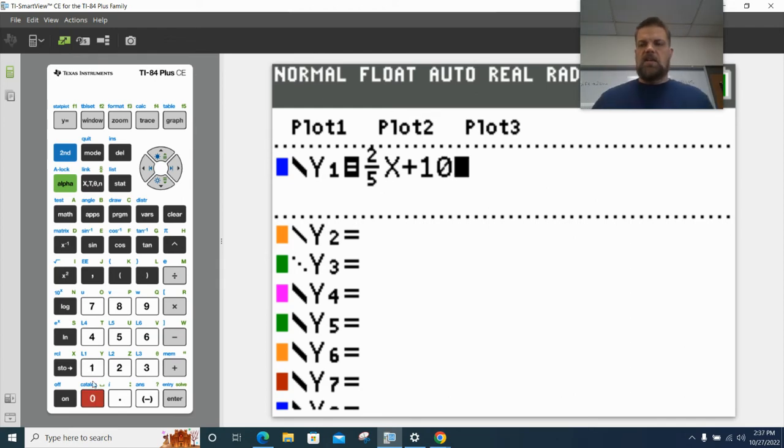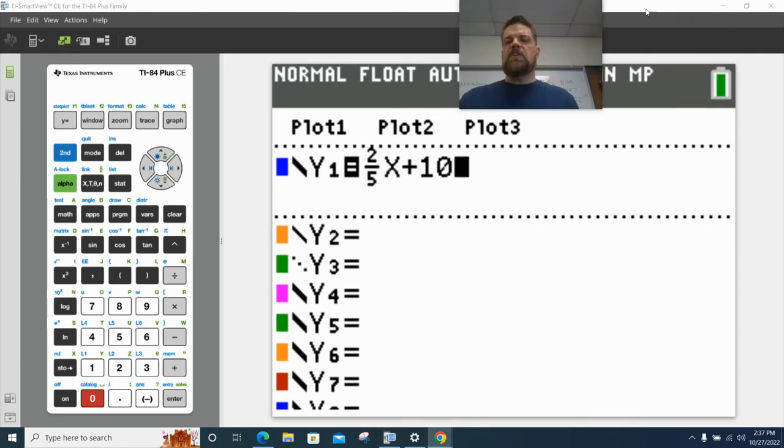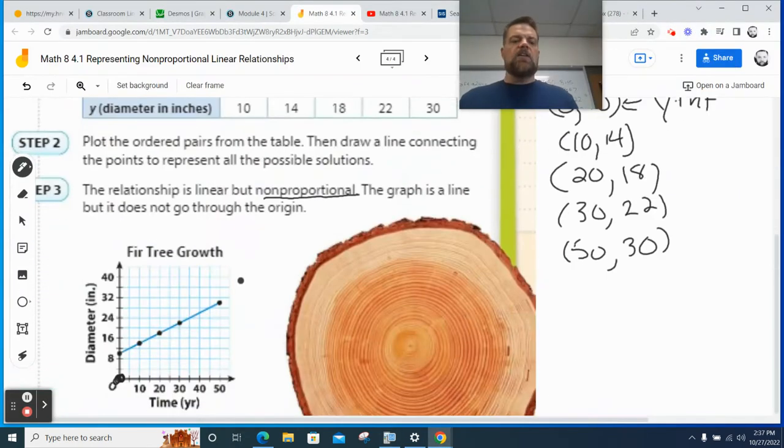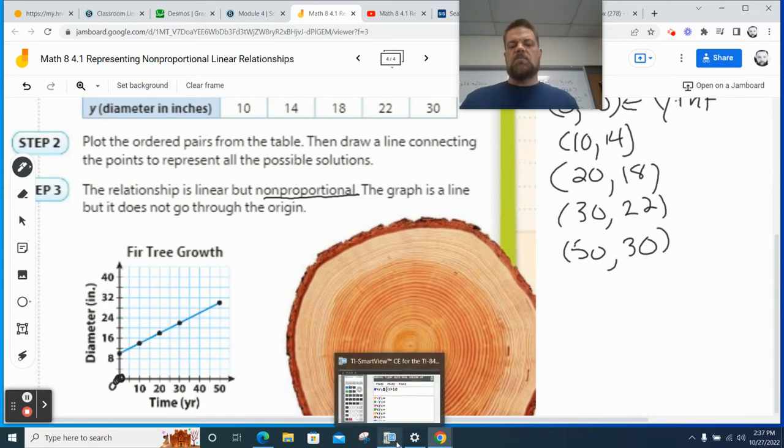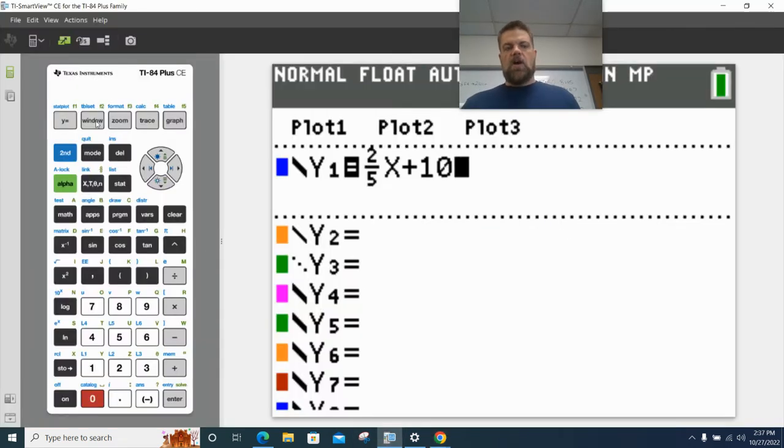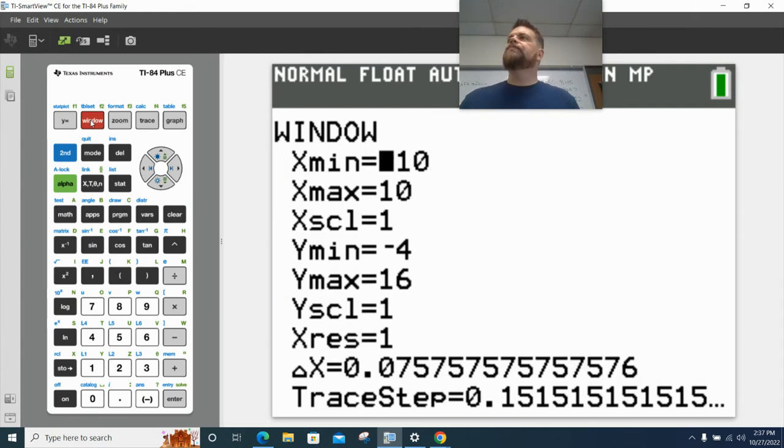Here's another thing I want to show you that's kind of nifty. If I look at this graph, what's my lowest x value of the graph? 0. What's my highest x value of the graph? 50-ish? We'll say 60. Go ahead and hit window. My lowest x value was 0.